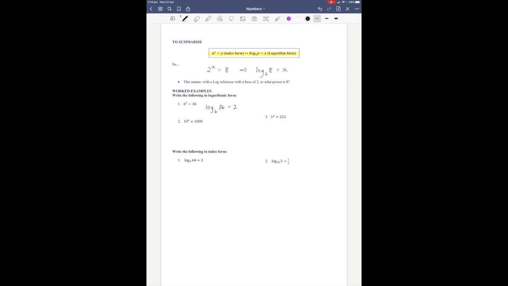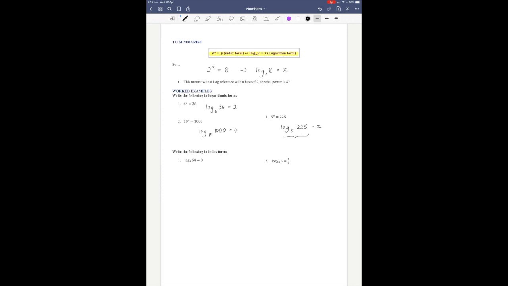Continuing this, the next example: log of 1,000 to the base of 10 is equal to 4. And my last one here is going to be log of 225 to the base 5 is equal to x. Here what I'm asking you to do is evaluate the left-hand side, and that'll help us find x.